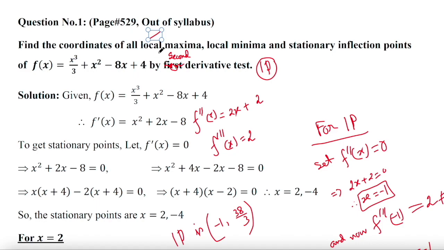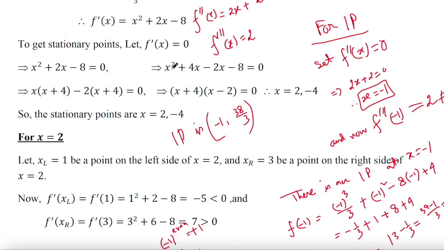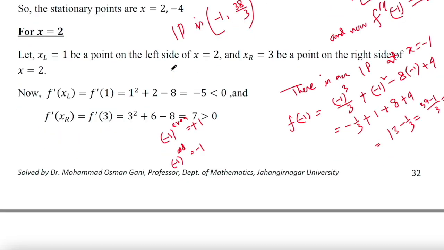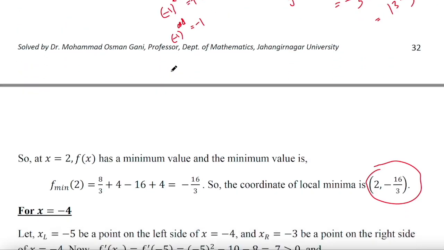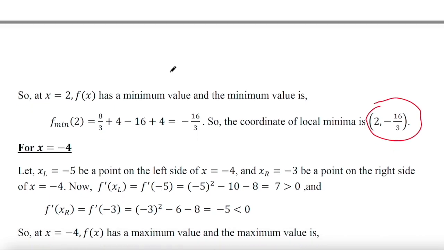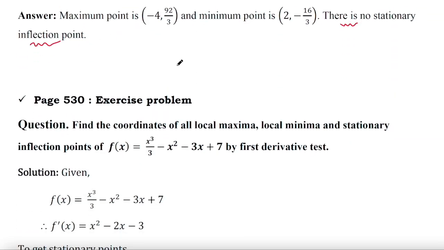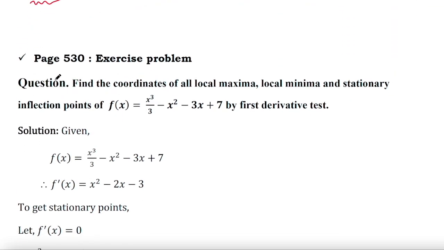If this is your question, then you just need to calculate max, min and SIP, and you can say that there is no SIP. Okay, hope you understand the problem.